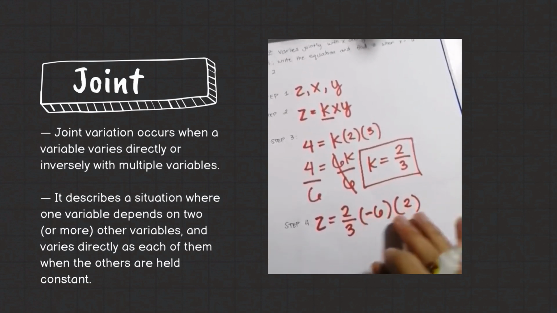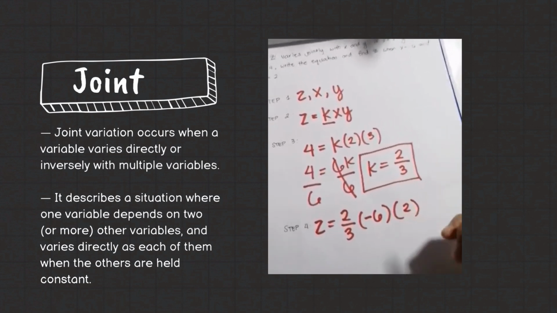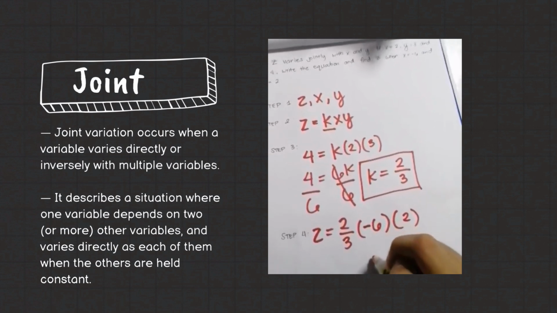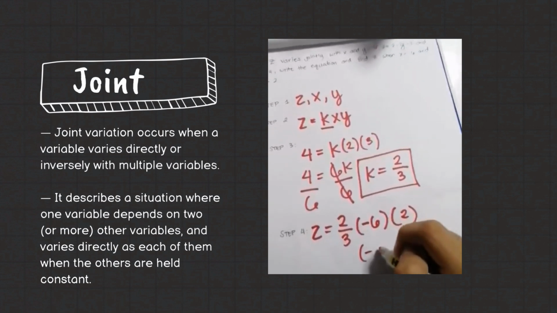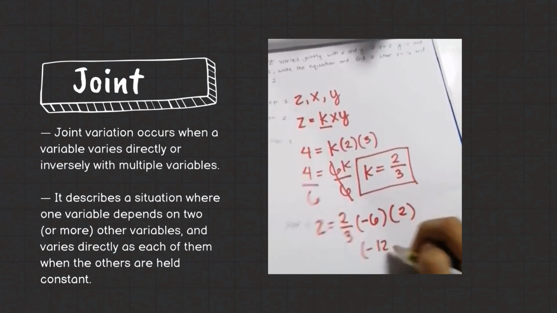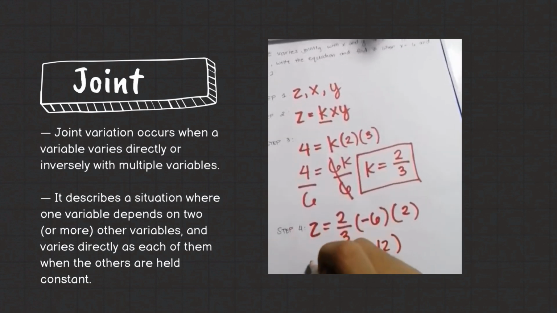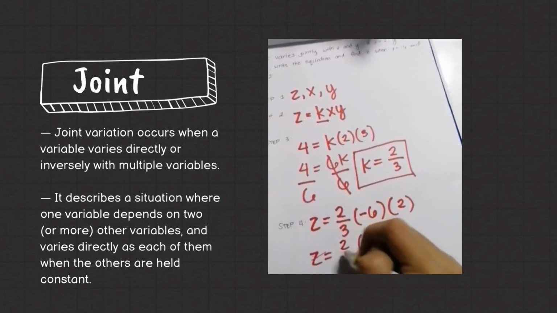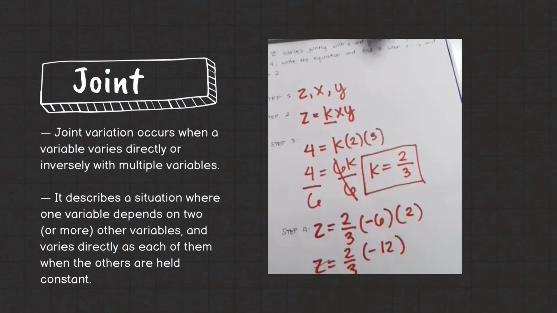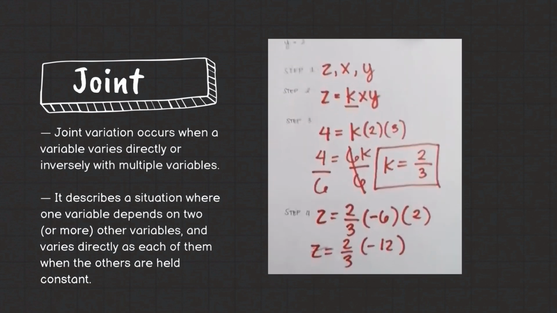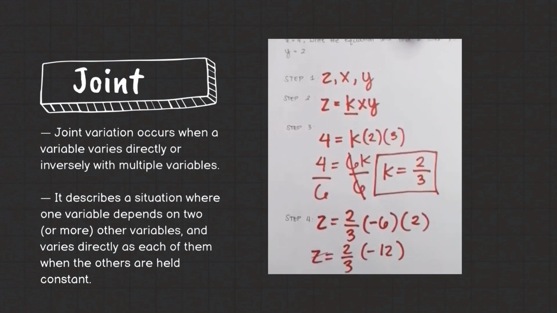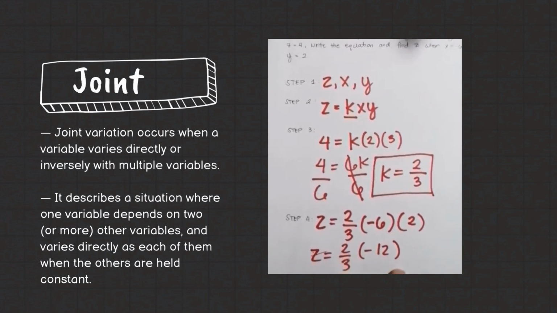So this one first, negative 6 times 2 will be negative 12. And then z is equal to 2/3 times negative 12.